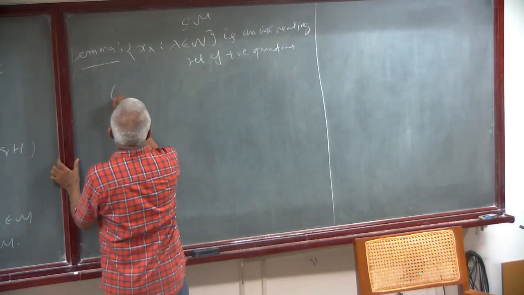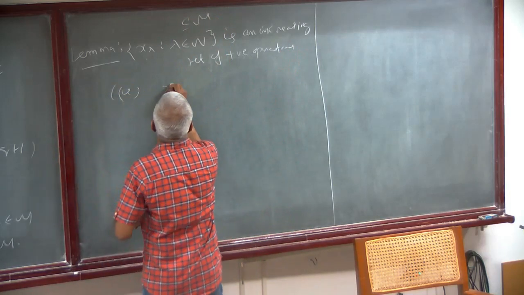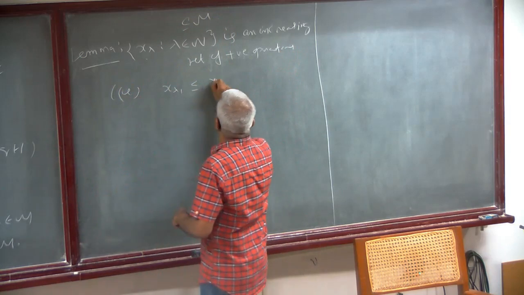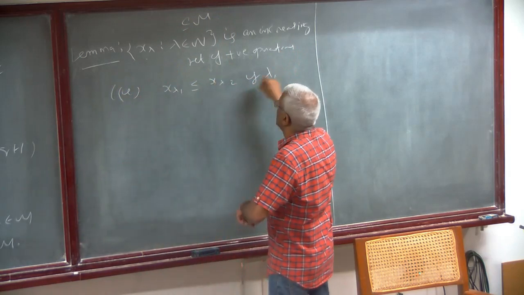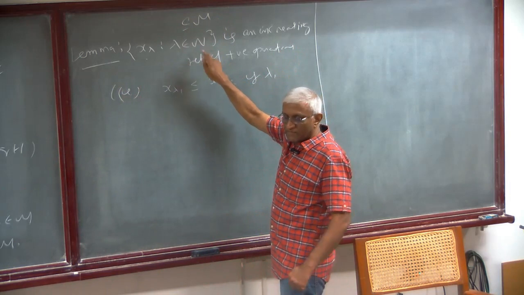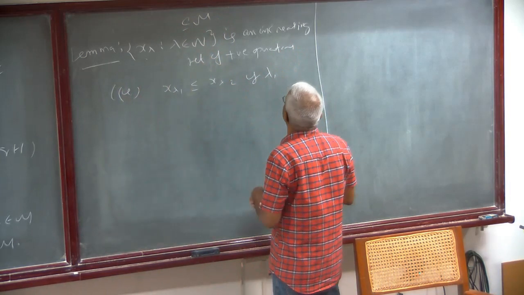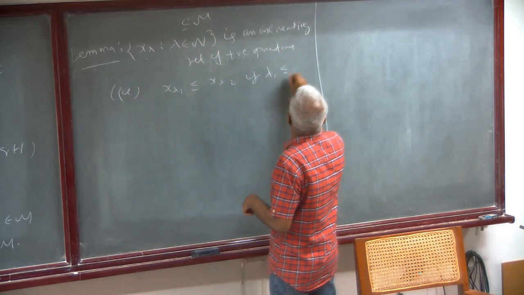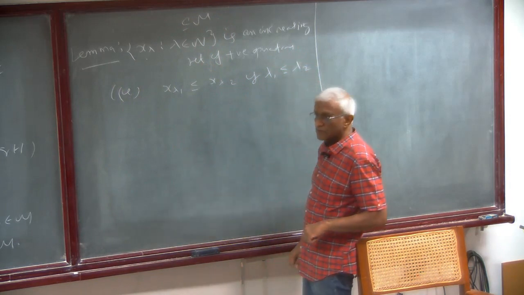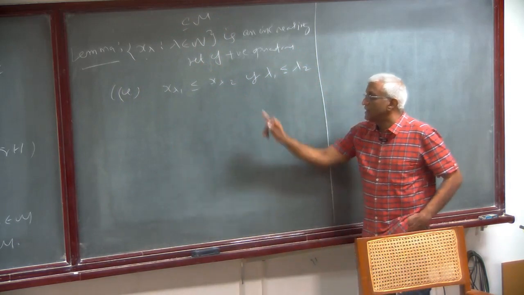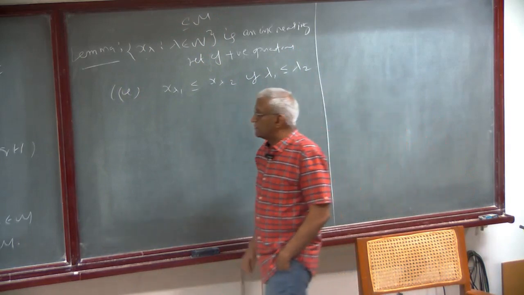And what it means by an increasing net is x lambda 1 is less than or equal to x lambda 2 if lambda 1 is less than or equal to lambda 2. Of course, a net is indexed by a partially ordered set, and this partial order is preserved.